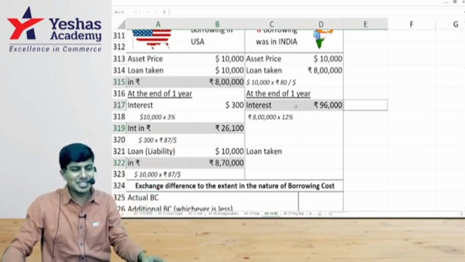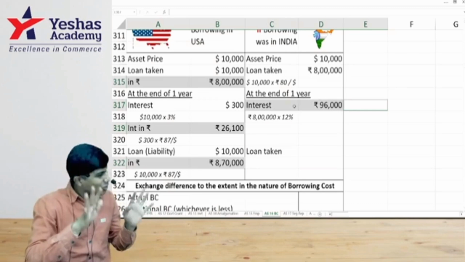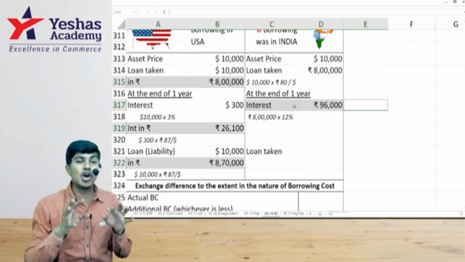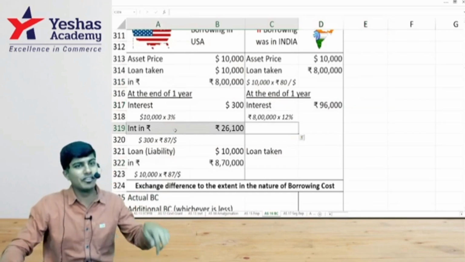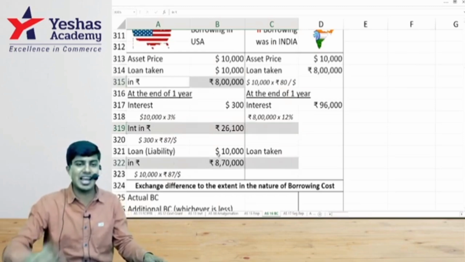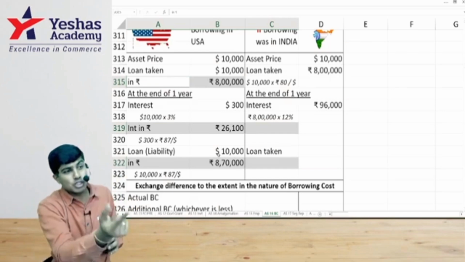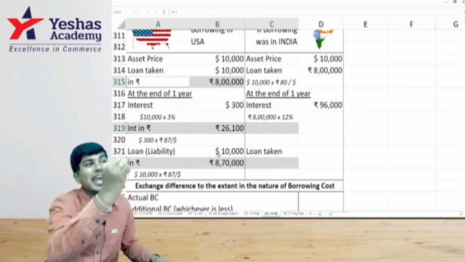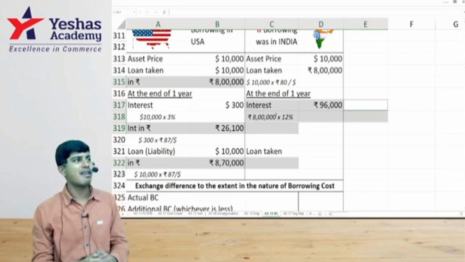96,000 is the interest. So if you had taken the loan in USA, your borrowing cost for that asset is 26,000, correct, but not only 26,000. There is also the difference between 8 lakh and 8 lakh 70,000, which is 70,000. The increase in my liability is also in the nature of borrowing cost, to the extent of 96,000 in total.